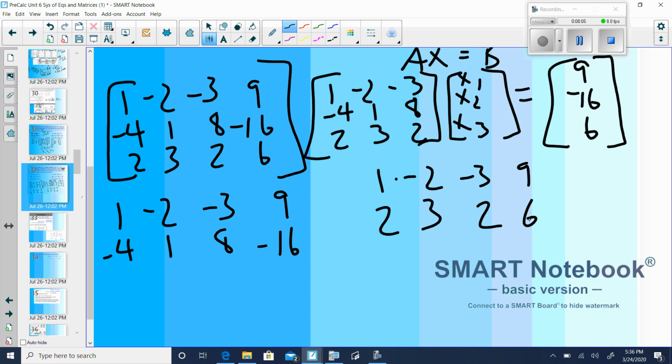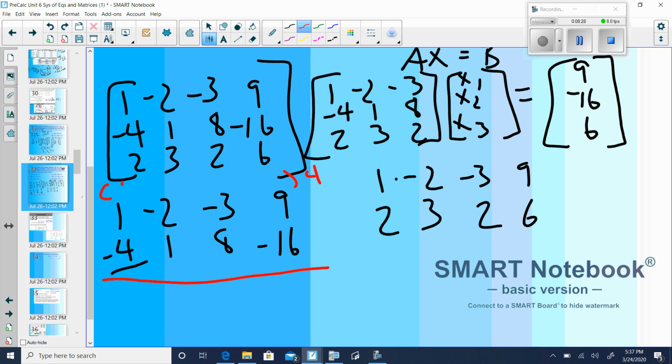So -4 is already negative, and my 1 is positive. So I can get rid of this -4 if this is a positive 4. How does that become a positive 4? It becomes a positive 4 if I multiply the entire thing by 4.